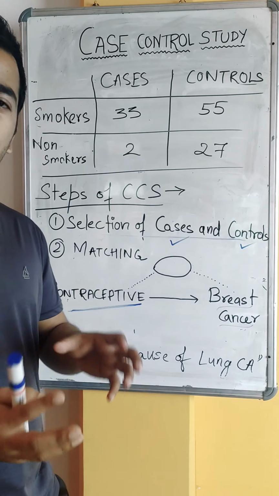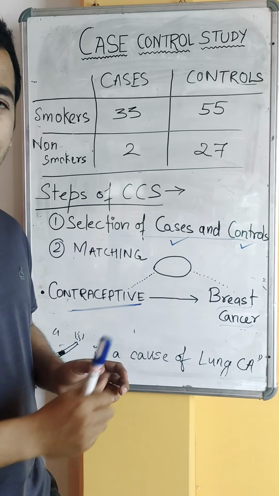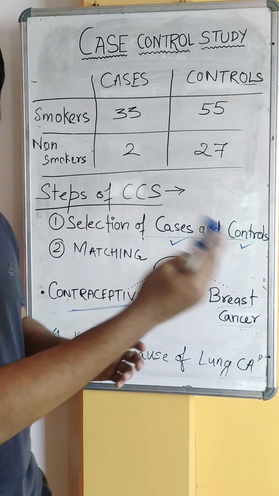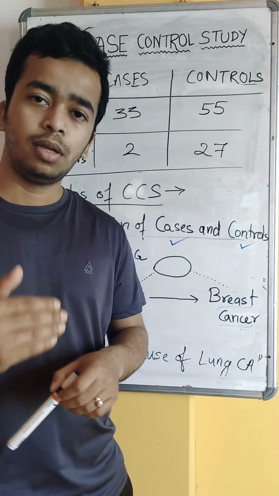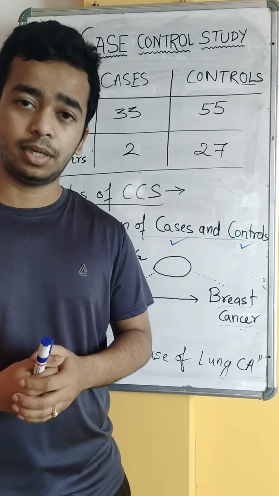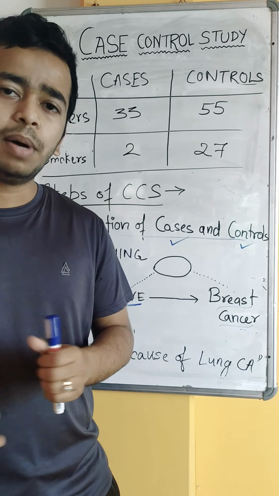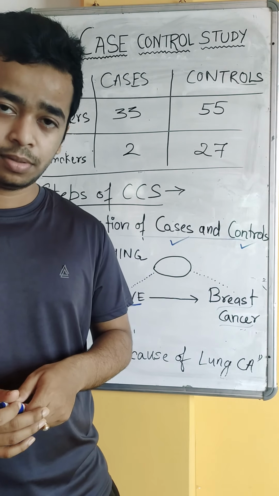So obviously, there will be a bias in the study because we know that breast cancer is somewhat dependent on age. The younger woman will have fewer chances of developing breast cancer. The older woman will have more chances of developing breast cancer.